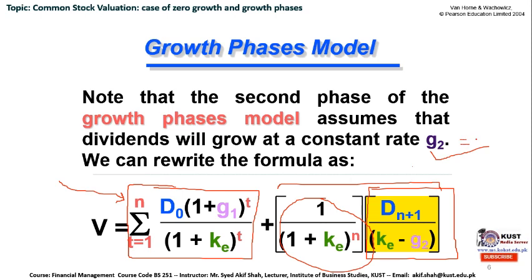Let's suppose it is 8%. So the question will state that the dividend will grow forever at the rate of 8%. Therefore, we can apply our first assumption formula, which states that the dividend is growing at a constant rate forever. So this formula is quite synonymous with our first assumption, which we discussed in the previous lecture.